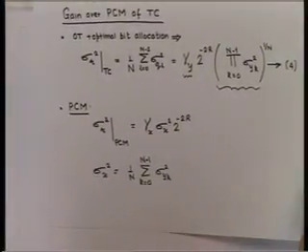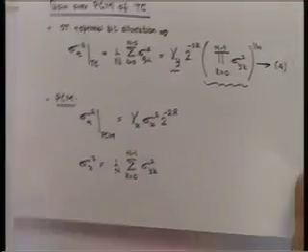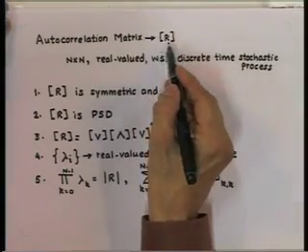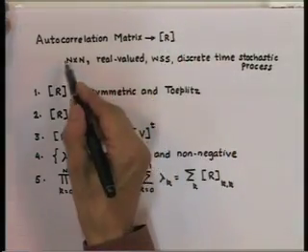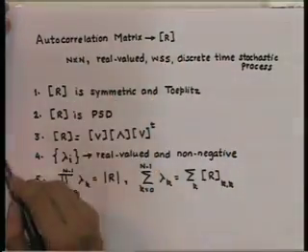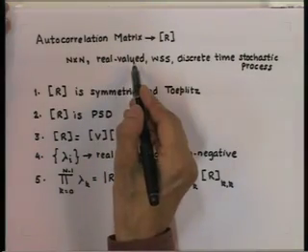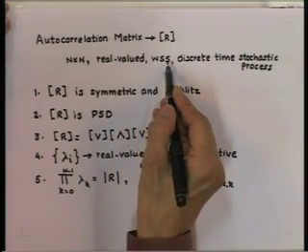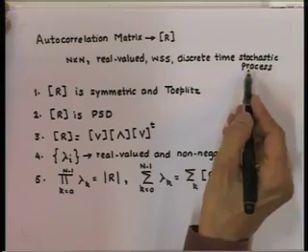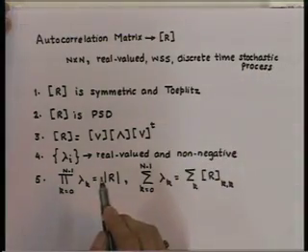So, before we try to answer that, let us discuss some of the properties of an autocorrelation matrix. Say that R is an n by n autocorrelation matrix of a real valued wide sense stationary discrete time stochastic process.